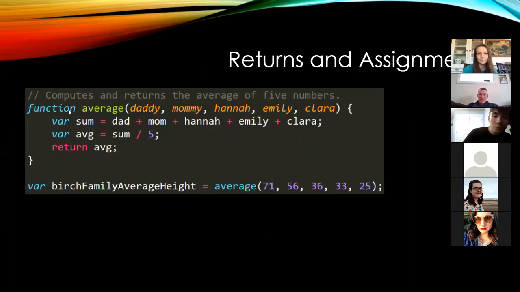This average function I could reuse over and over again. It looks strangely specific to my family, but if it averaged 5 numbers or an array of numbers, I could reuse it as many times as I wanted. So you'll write programs where one function retrieves data from the user using get element by ID, and other functions use that data in other ways.